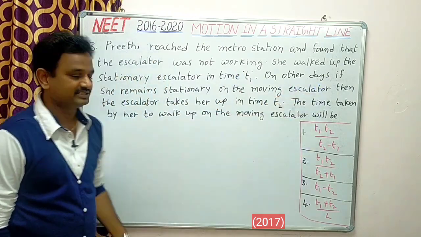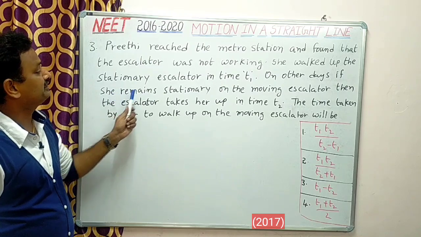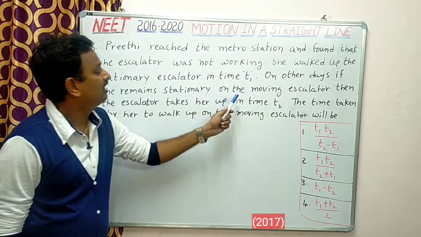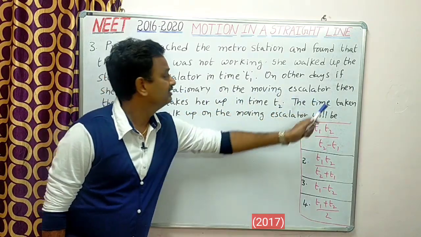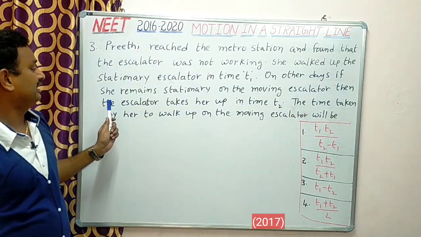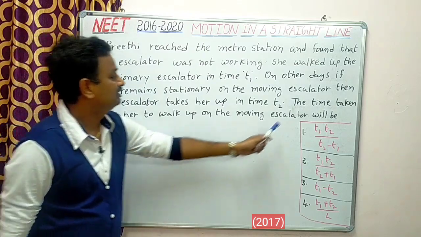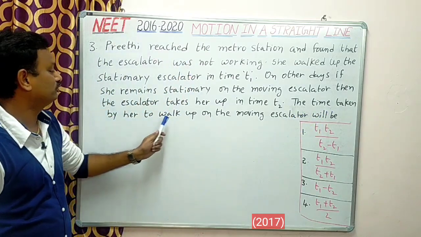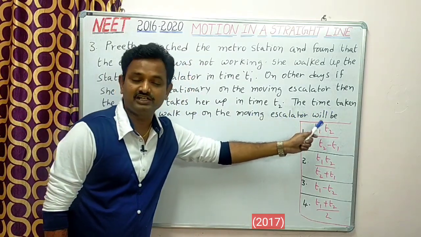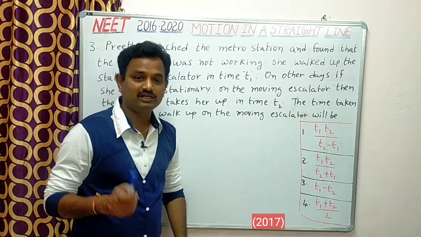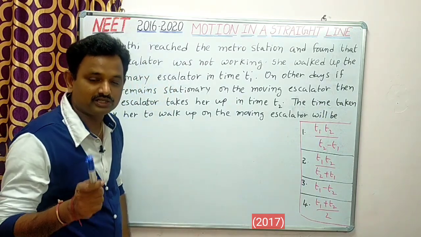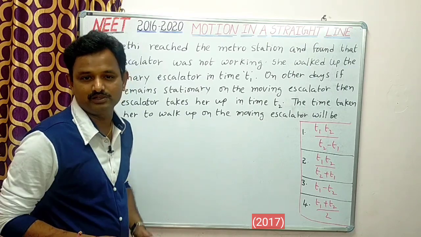On other days, if she remains stationary on the moving escalator, then the escalator takes her up in time t2. The time taken by her to walk up on the moving escalator will be. So we need to calculate how much time it will take when she walks up on the moving escalator.